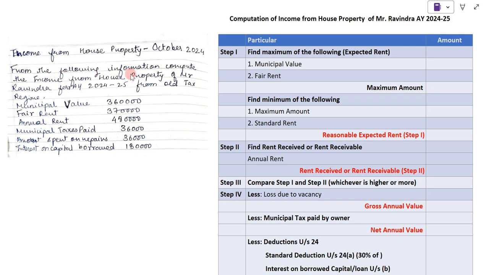From the following information, compute the income from house property of Mr. Ravindra for assessment year 24-25 under the old tax regime.